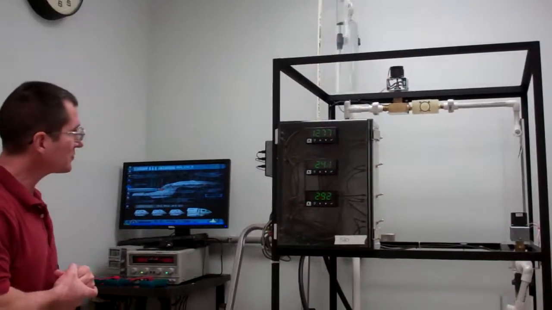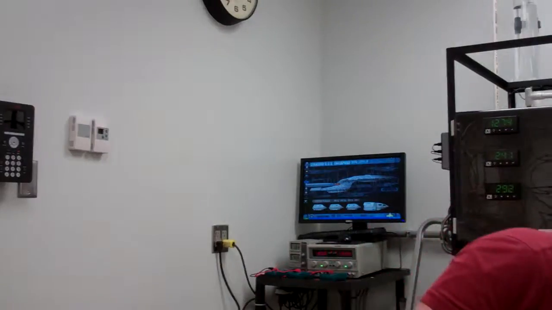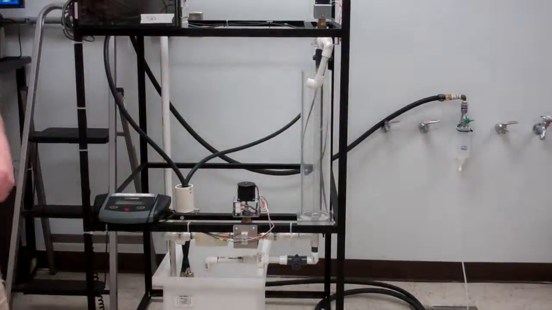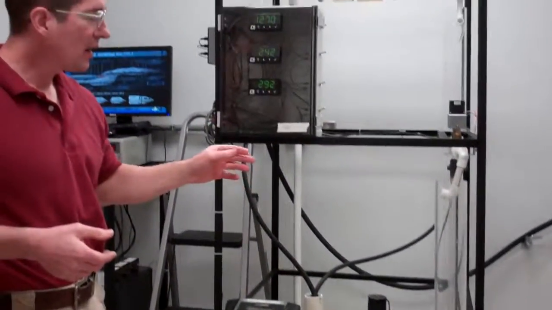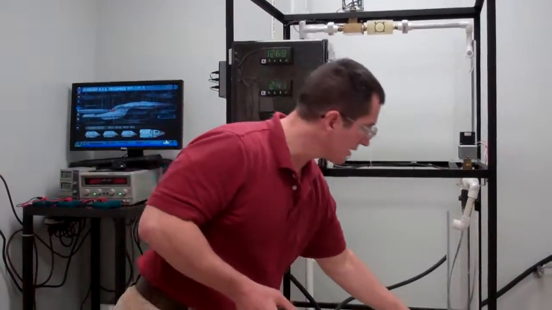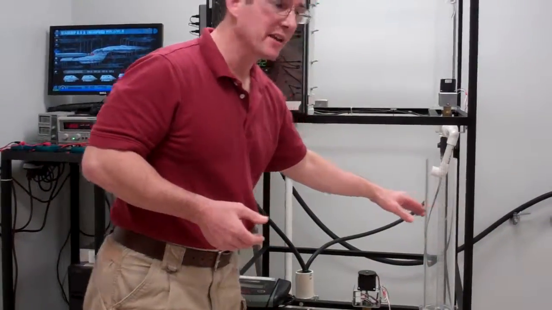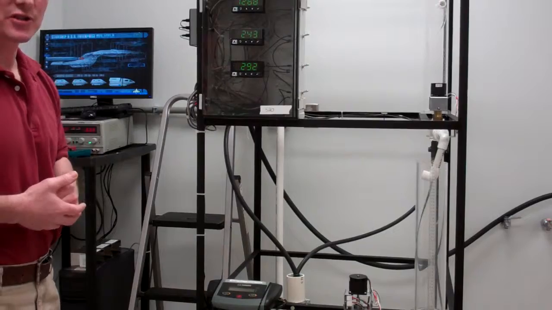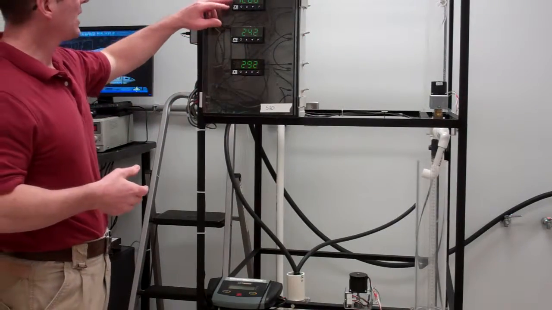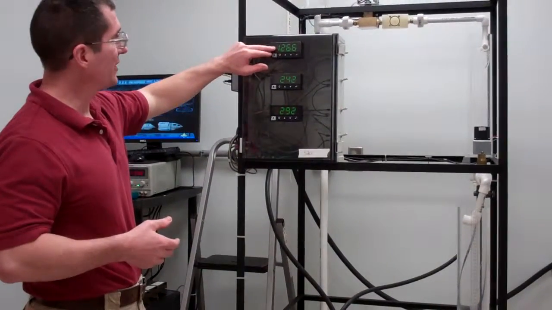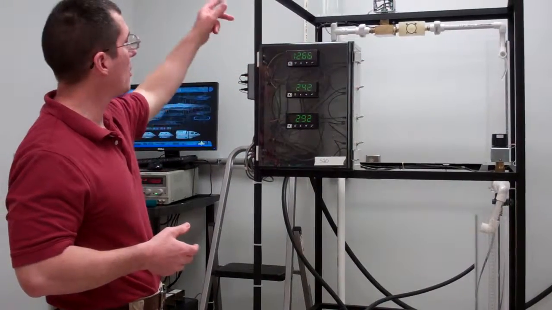I may not have mentioned this initially. I know I talked about the differential pressure sensor. But what you're going to want to know is what is the relationship between the level of water in the tank and the output of the sensor. As you can see, it makes sense that the output is higher when the water level is higher.